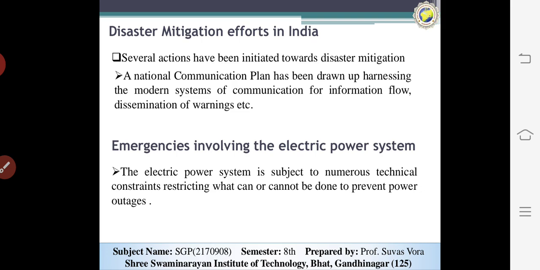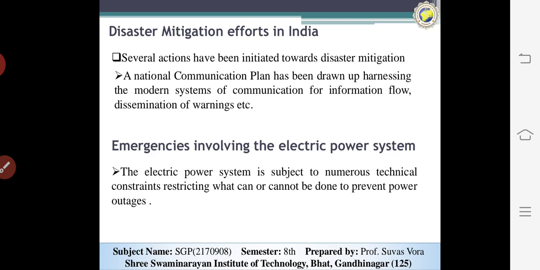The electrical power system is subject to numerous technical considerations, and we cannot fully prevent power outages. It places a burden on both the electric utility and the state to implement appropriate and effective control measures.